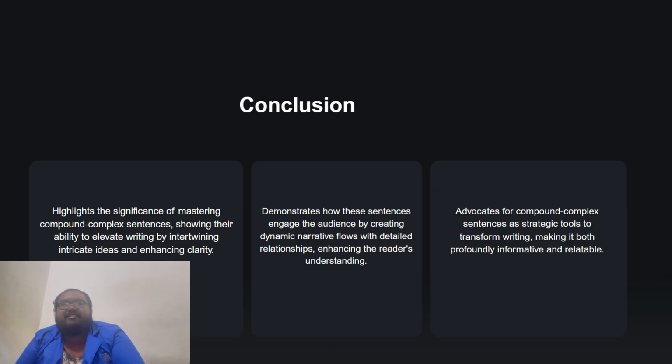Demonstrate how this sentence engages the audience by creating dynamic narrative flows with details and relationships, enhancing the reader's understanding. Advocate for compound complex sentences as strategic tools to transform writing, making it both profoundly informative and relatable.